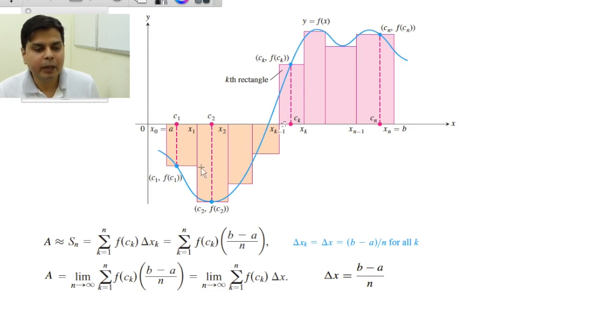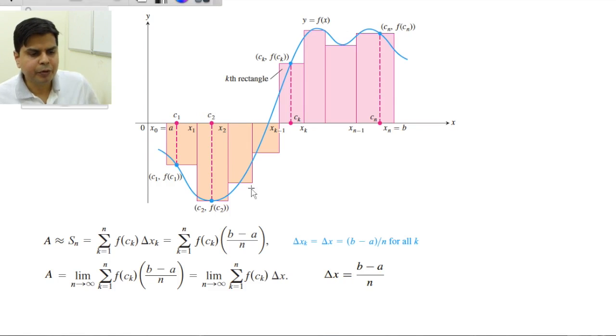In that case, the error which I am getting right now will be very, very small, and under the limiting process, that is limit n tends to infinity, this sum Sn will be equal to the exact area A. So this is my proposition. I will prove this right now, but I am giving you just a visual prelude, an explanation of why it should happen in the first place.